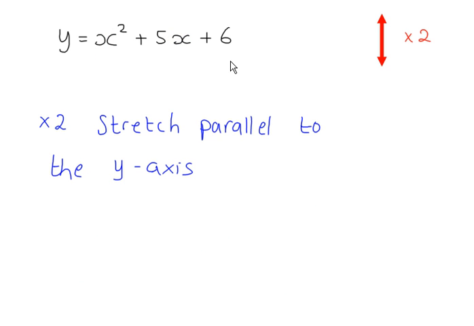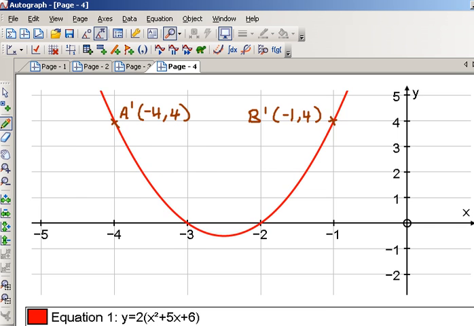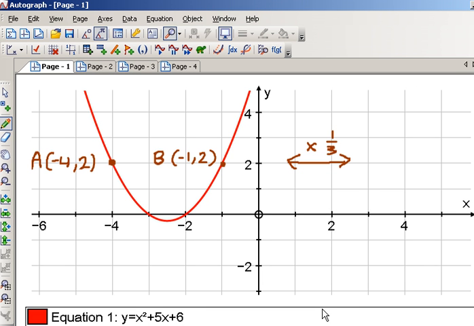Starting with the same curve again, but this time we're going to apply a ×2 stretch parallel to the y-axis. Let's have a look at the graphs. So before the transformation we had this graph, and this time I'm doing a stretch of ×2 in the y direction parallel to the y-axis.